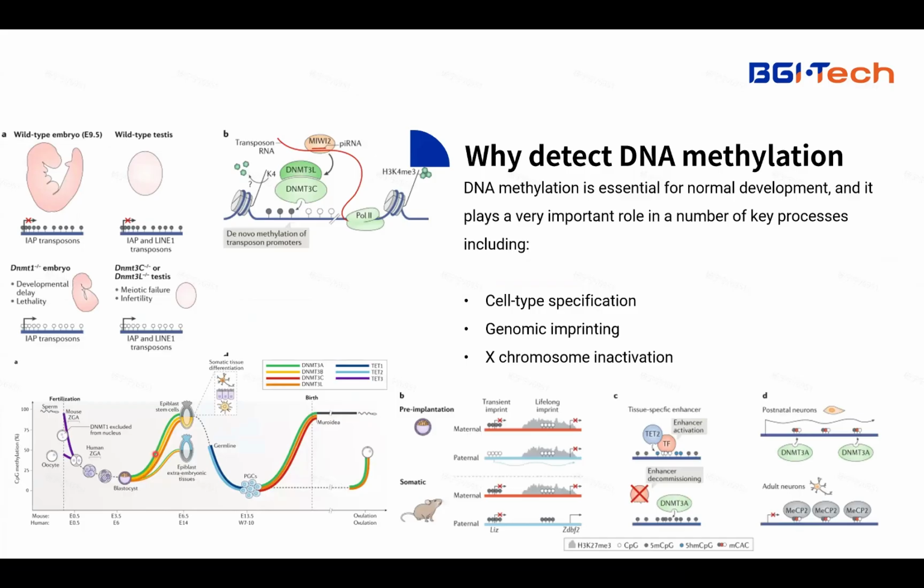Why do we need to detect DNA methylation? Studies have shown that DNA methylation plays a very important role. It participates in maintaining the stability of the genome, and also in cell type specification, genomic imprinting, and X chromosome inactivation.